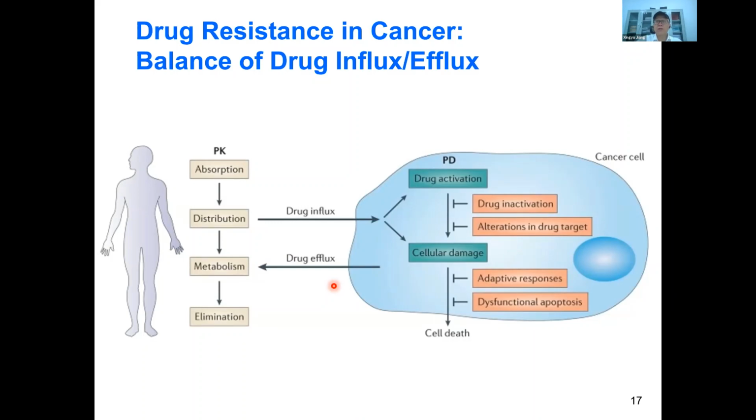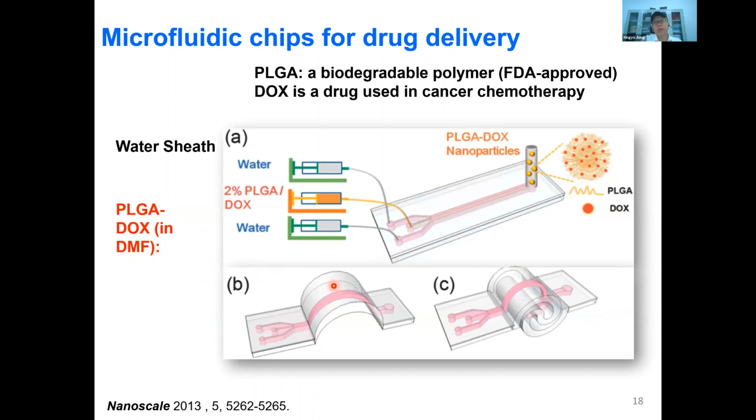So we have a fairly extensive program with microfluidics, in which we use microfluidic channels to make small nanoparticles as drug carriers. Typically, we use the microfluidic channel to adjust the behaviors of the flow, such that we have a lot of parameters to play with in making these nanoparticles.